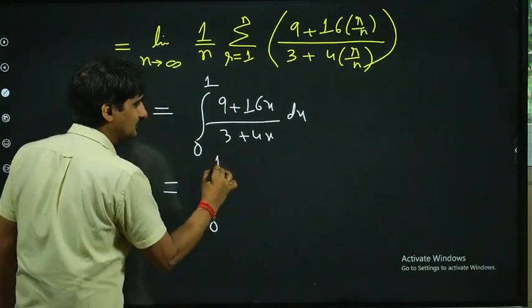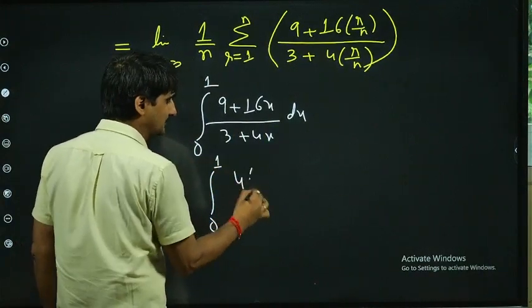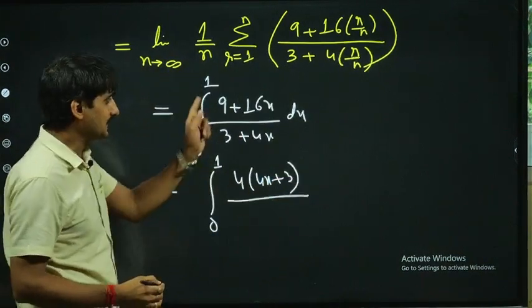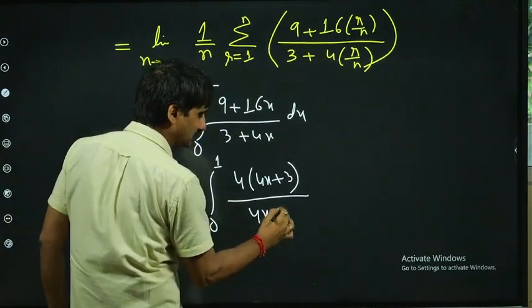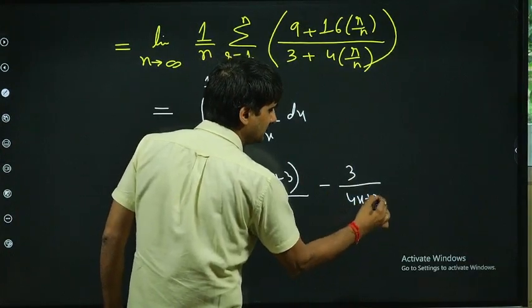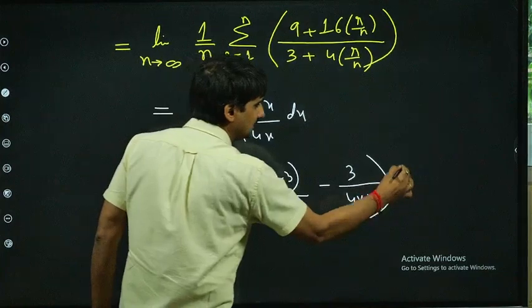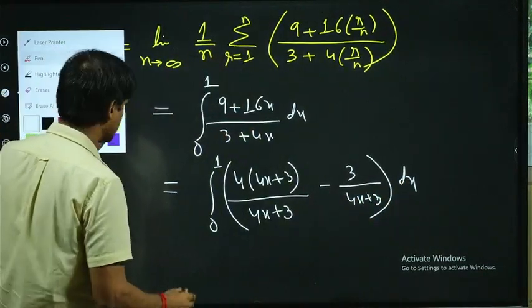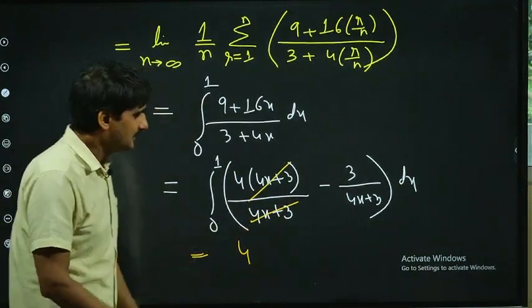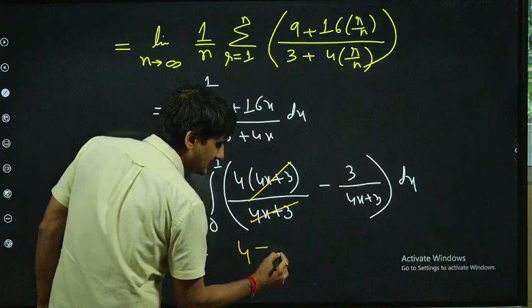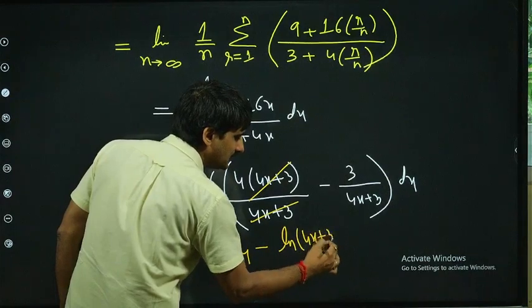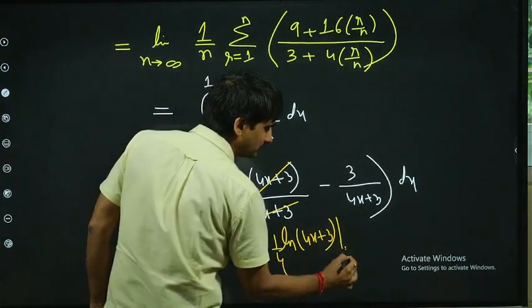So let's match it. I will write 16x as 4 into 4x plus 3. I need 12 in the numerator, but I have 9, so I will write it first as 4 and then minus 3 over 4x plus 3, dx. Now just integrate it. What will we get? This gets cancelled, so it's 4, and then minus 3 times ln of 4x plus 3 divided by 4, and x goes from 0 to 1.